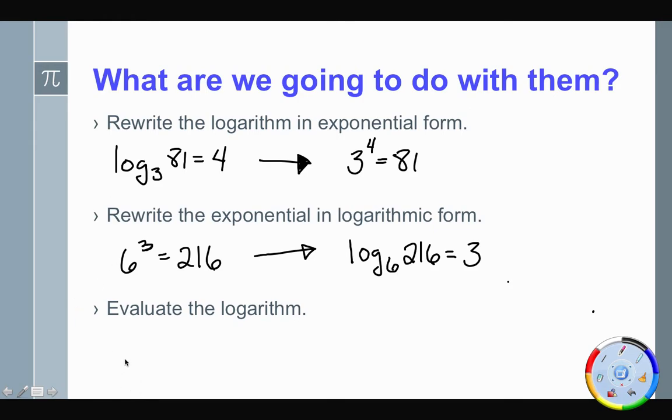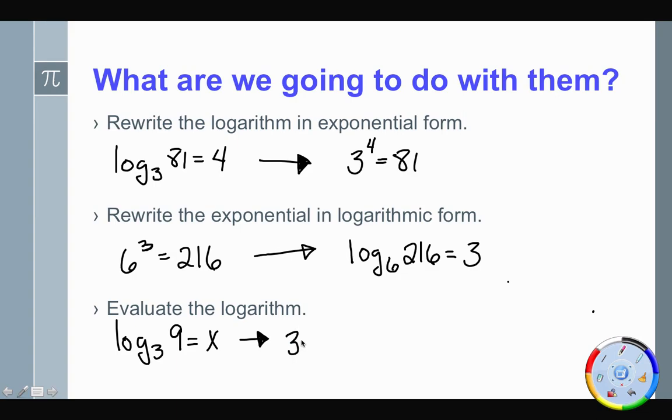And lastly, we're going to be evaluating logarithms. Evaluating means find the answers. So if we said log base 3 of 9, what does that equal? We're going to say that equals x. What we're going to be doing to solve this is usually, and this doesn't always have to be done, writing them in exponential form because that makes more sense to most of us.